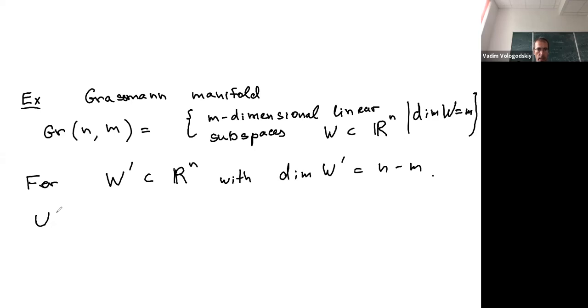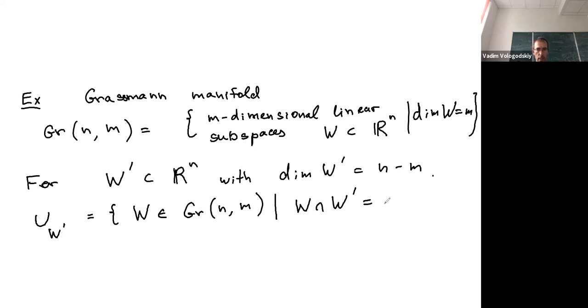Let's consider the collection of all subspaces, and I will call this collection U prime. This consists of all points of the Grassmannian with the property that the intersection of W and W prime is 0.